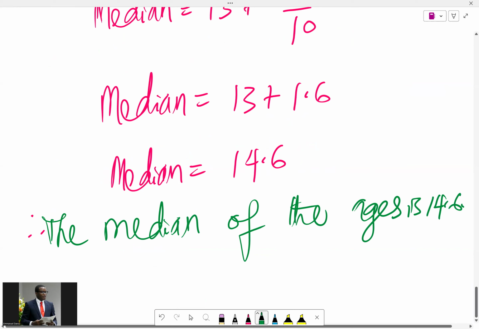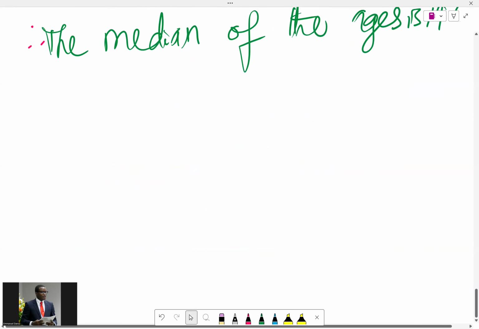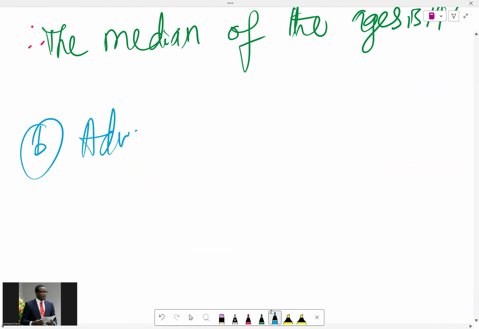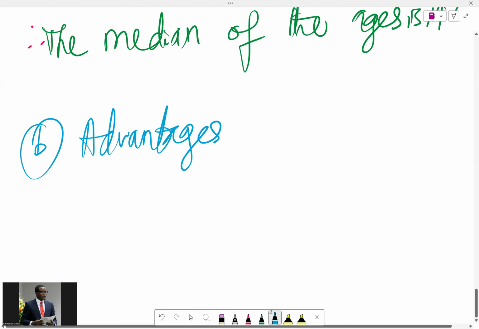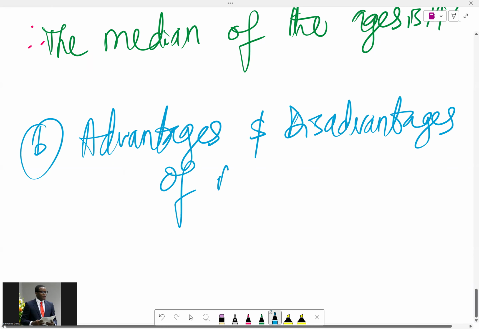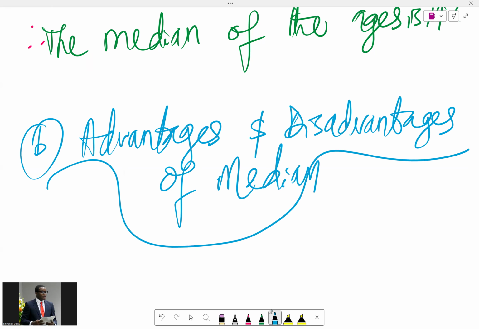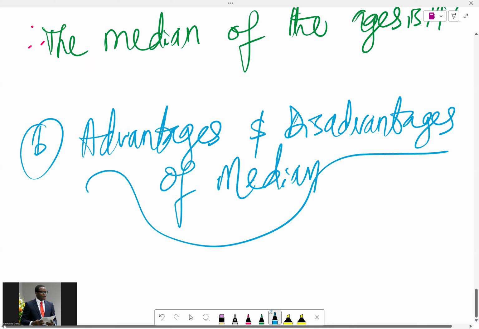Now, talking about median, the second part is asking us to state 3 advantages and 2 disadvantages of the median as a measure, right? So let's talk about that. The B part: talk about the advantages and disadvantages of the median.